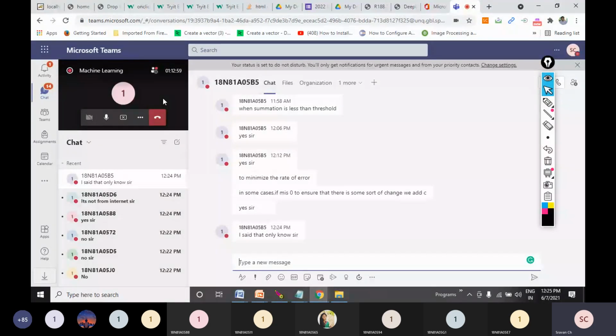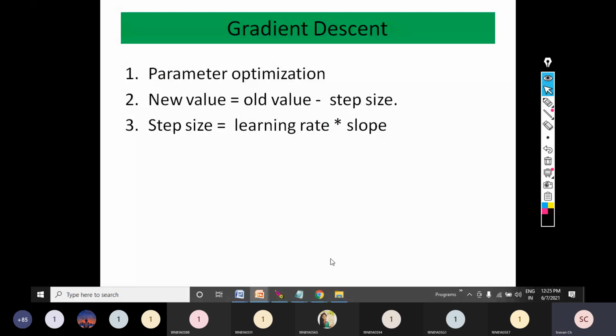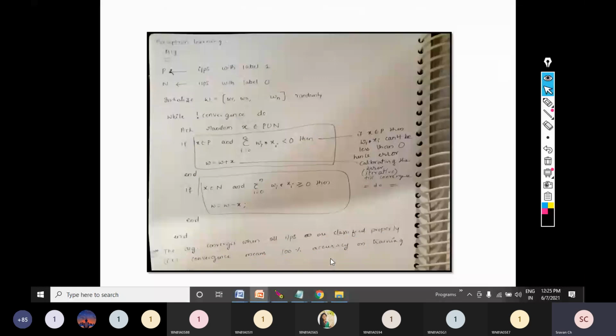Now coming back to our actual concept of gradient descent, we will wind up in another 5 minutes, don't worry, I'll not take any extra class, right? So what is happening in the perceptron learning algorithm, if you remember, is that we have a concept called linearly separable problems, and problems which are not linearly separable.